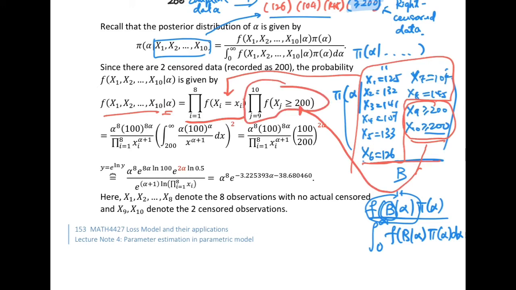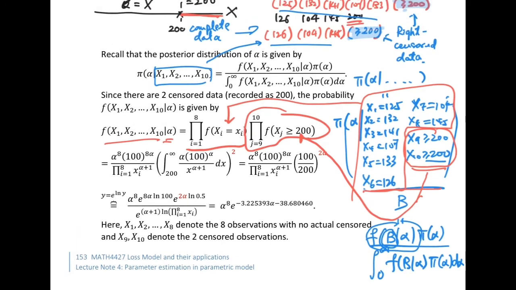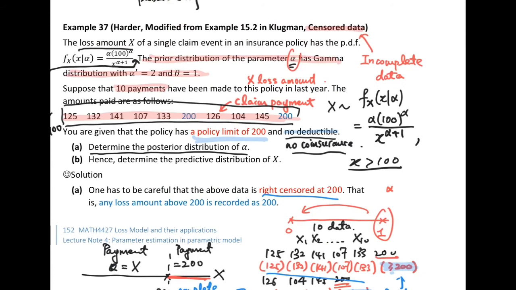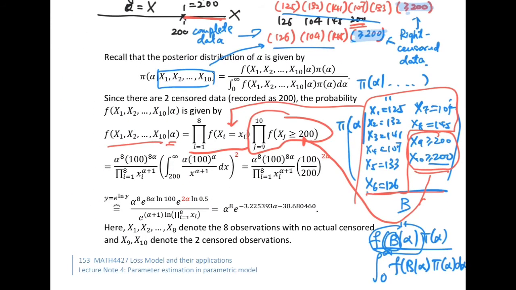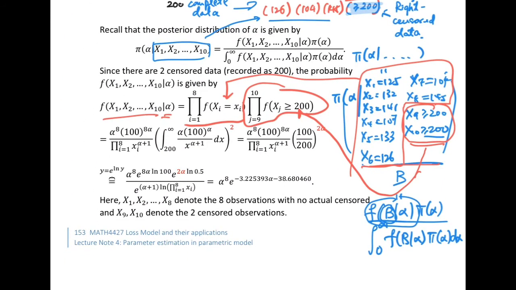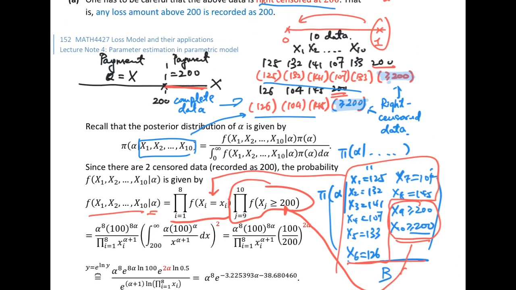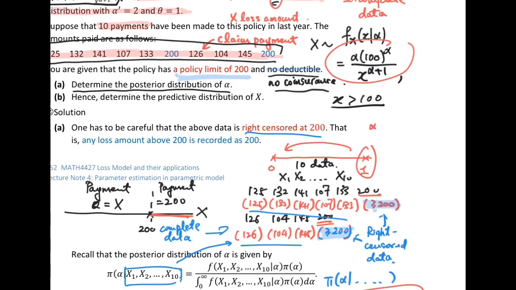Given that your f has this PDF, you can just put that in. For the first 8 data points, you just put in the PDF directly.